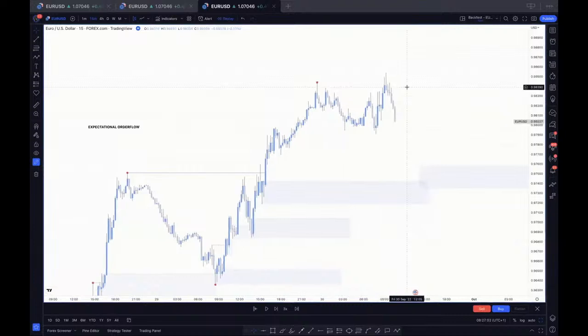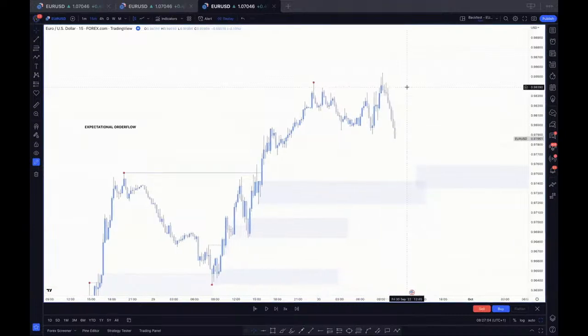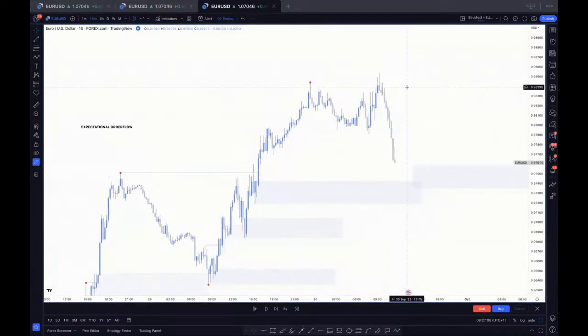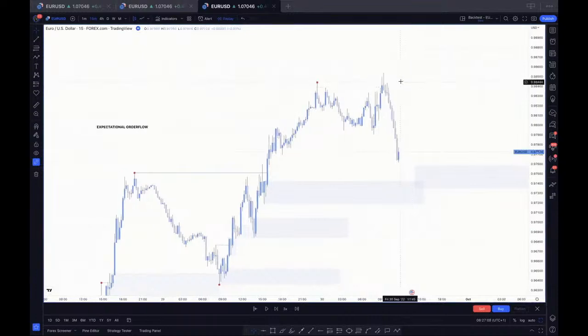So here it's pulling back. Now let me explain something. If you're trading and you just want to see a wick and you're not waiting for the candle to close by the body, you might be caught on the wrong side of the market, because you can see it broke this high by the wick and then it completely reversed and started taking out all these lows, right?